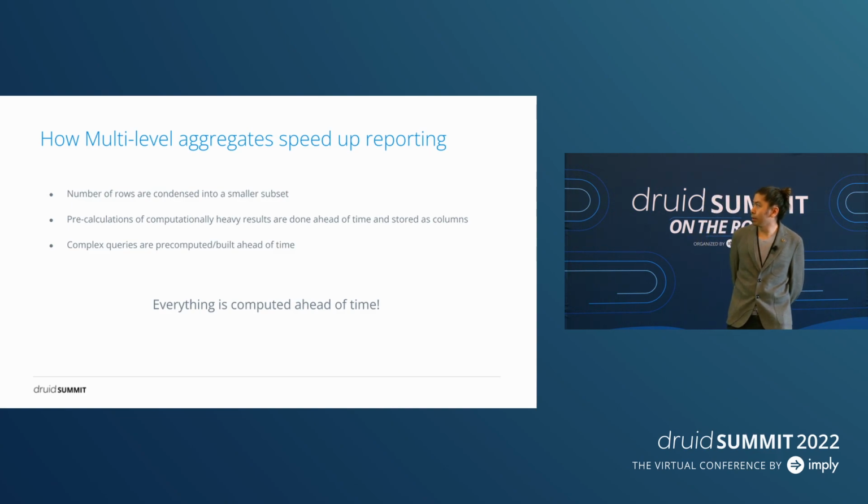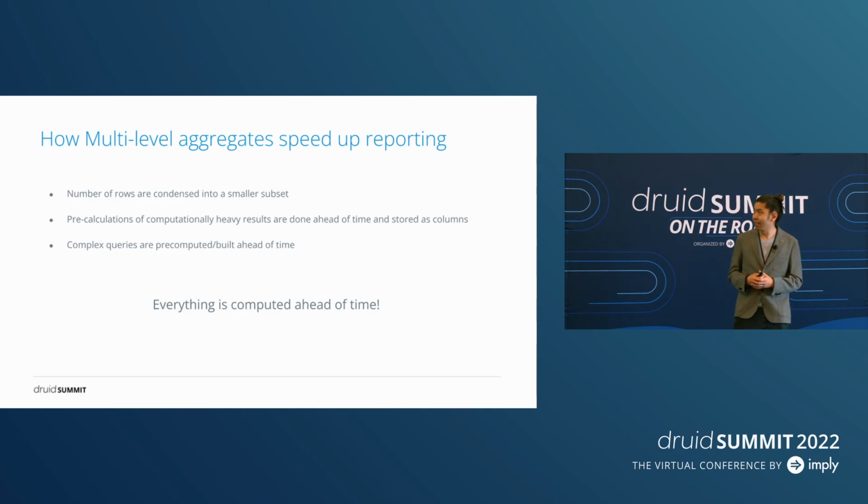How do multi-level aggregates speed up reporting? Well, you're basically condensing the data set into a smaller data set. Instead of having it at the raw level, now you're having it at the hour level, the daily level, the quarter level, the yearly level, so it's less data to pull out to feed into whatever system you need.